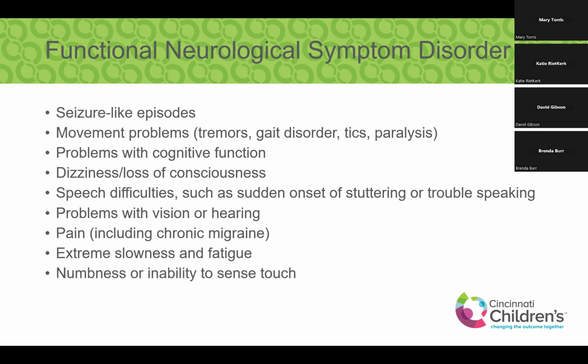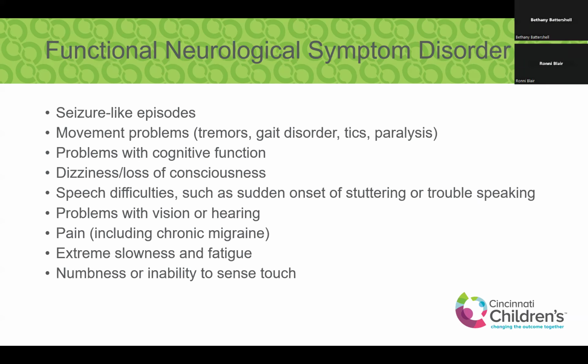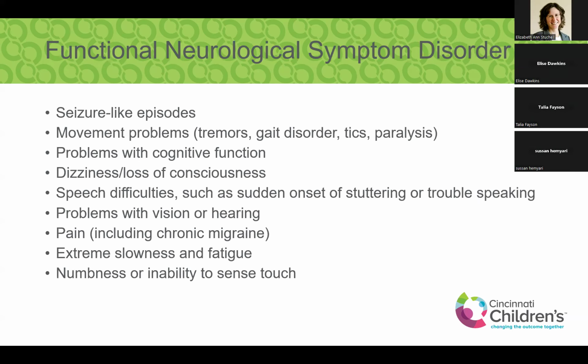So the ICD-10, or the diagnostic manual that's used more frequently abroad, calls it functional neurological disorder. The DSM, or our psychological diagnosis manual here in the US, calls it functional neurological symptom disorder. So you may see it as FND or FNSD, and those are interchangeable.